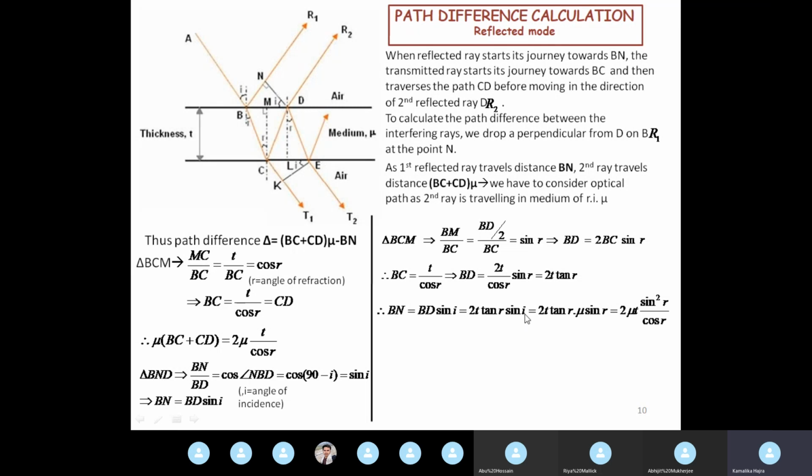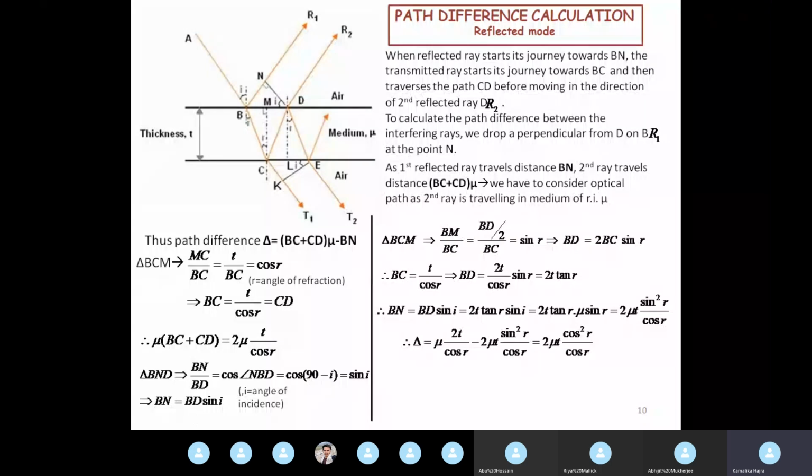Now if you take Snell's law, Snell's law tells us sin I by sin R equal to mu. So sin I is equal to mu sin R. So this BN is equal to 2T tan R into mu sin R. And so this is 2 mu T sin square R by cos R. Okay.